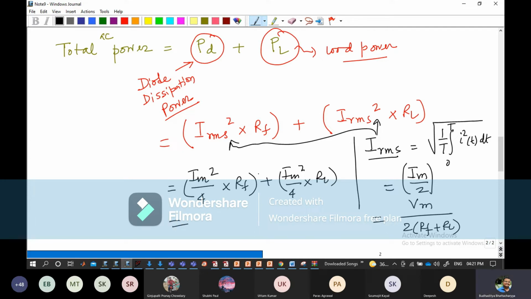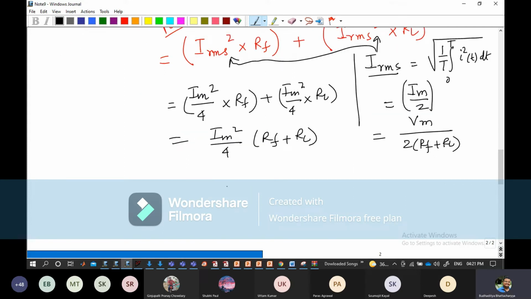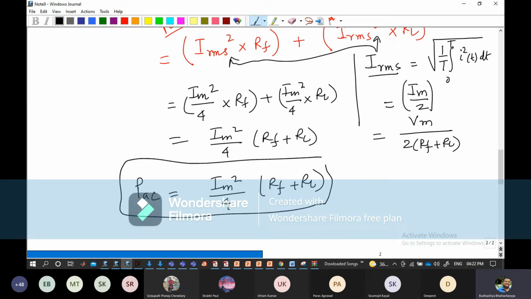So if I take the common factor, we get Im square by 4 times (Rf plus RL) as the total power, or we can say PAC is equal to Im square by 4 times (Rf plus RL). So this is the final expression of PAC. You will soon find out why we are calculating PAC.